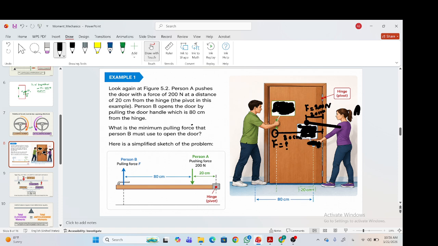And what is the moment-producing pulling force that person B must use to open the door?